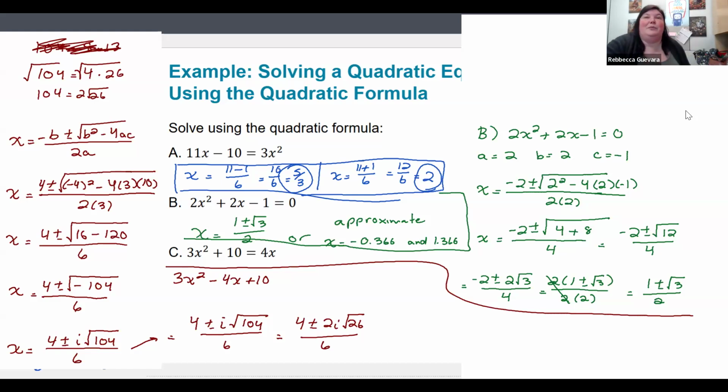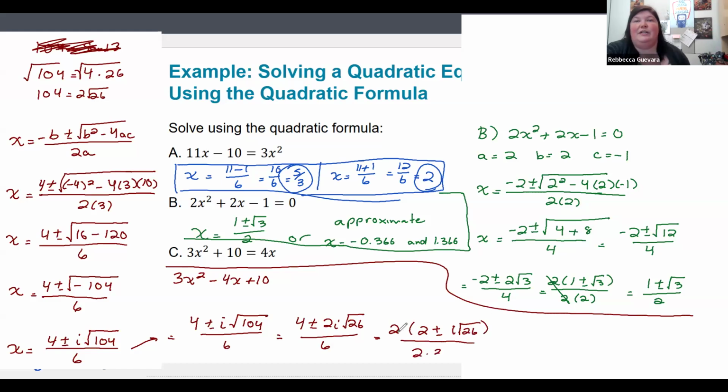All right, so usually we don't write approximates when we have the i in there. We leave it like this, much easier. We do still need to simplify though, because everything here is divisible by 2. So I can factor a 2 out of the top and the bottom, leaving me with 2 times 2 plus or minus i square root of 26. And on the bottom, I'll have 2 times 3.